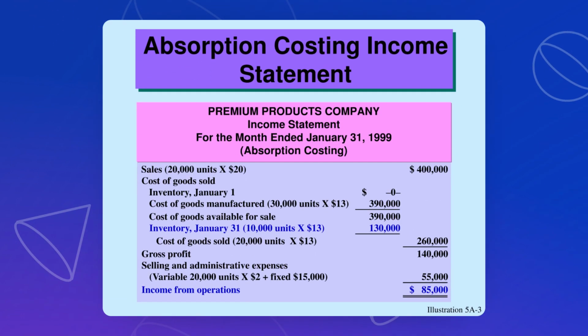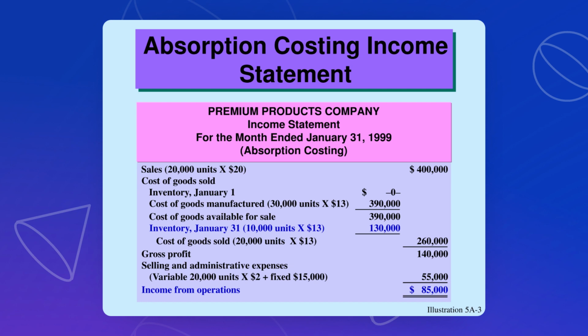Go first with the absorption costing income. So, Premium Products Company income statement for the month ended January 31. Okay. So, sales of 20,000 and you have $20. So, 20,000 times 20, you have 400,000. And you have also here cost of goods sold.